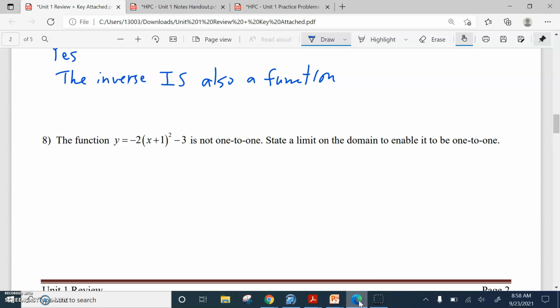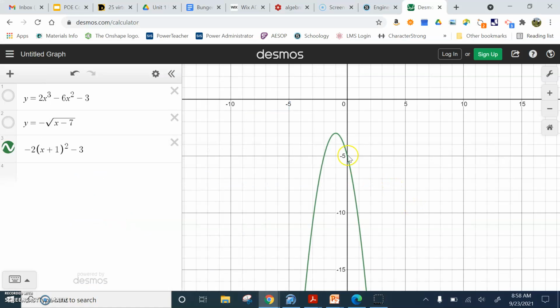So what we're going to say is state the limit. The best answer would be either x is less than or equal to -1, or you could say x greater than or equal to -1. Either one, you don't have to write them both. But it's whatever x value is for the bottom or top of that parabola.